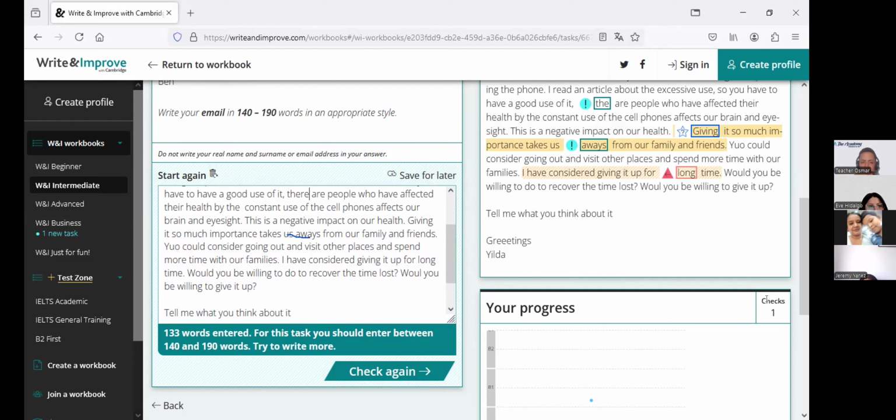Away. Takes us away, without the S, okay? No S. Giving it. Yeah, okay. I believe that instead of giving it so much importance it would be to give. En lugar de giving it sería to give so much importance.